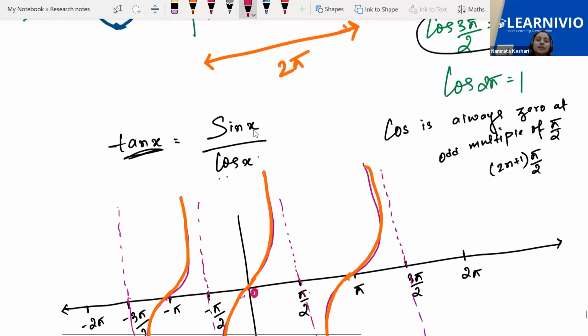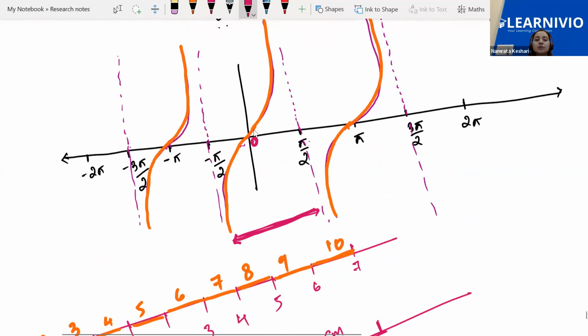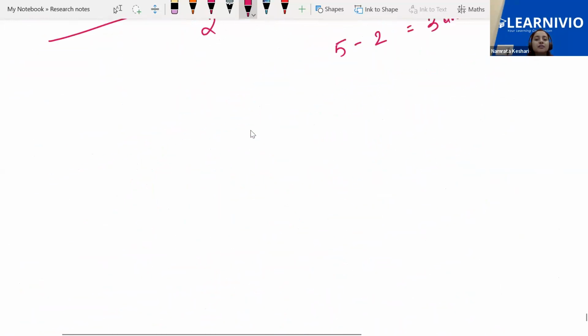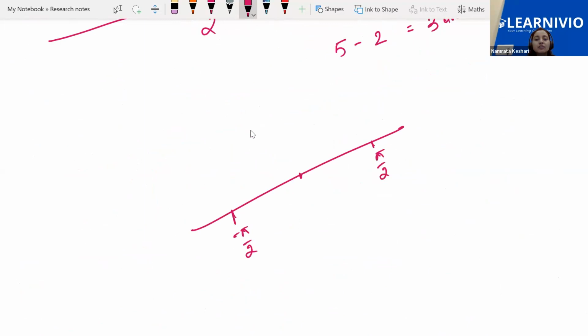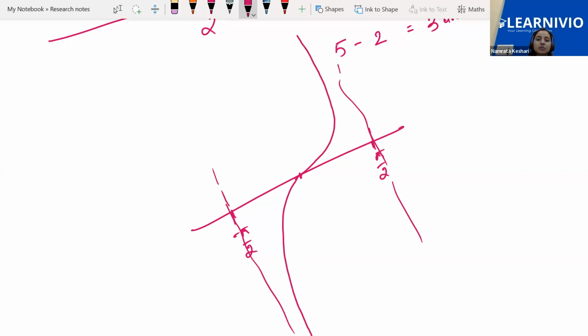If you are getting it, then let's find the period. Minus pi by 2 to pi by 2, we have to find the length. Here we have minus pi by 2, here we have pi by 2, and one cycle of tan looks like this, with a dotted line here and a dotted line here. It goes towards minus infinity and towards positive infinity, passing through 0.